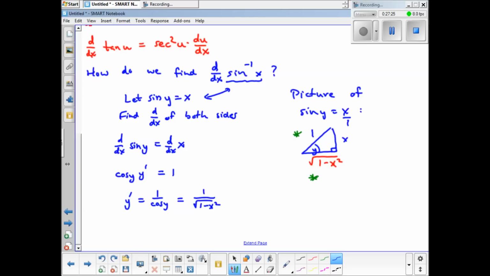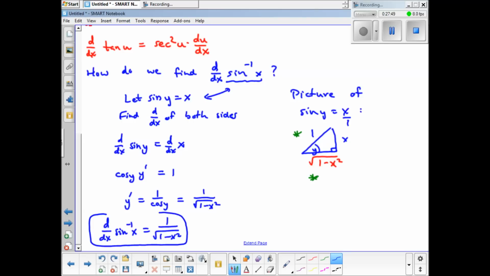Very interesting. The derivative of inverse sine is algebraic. There is no trig in it. So here's our first one. The derivative of inverse sine is 1 over the square root of 1 minus x squared.